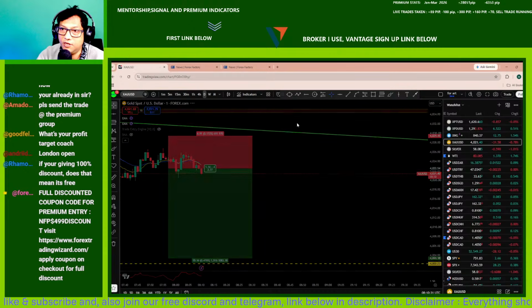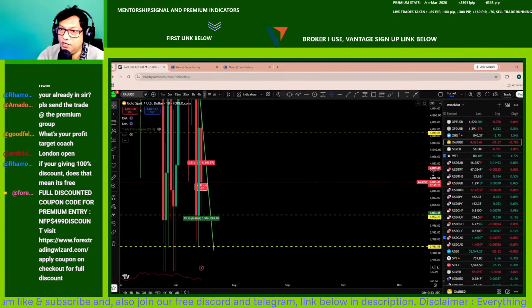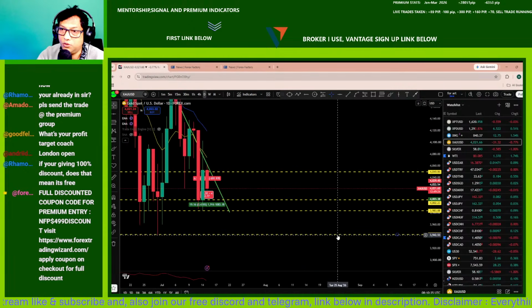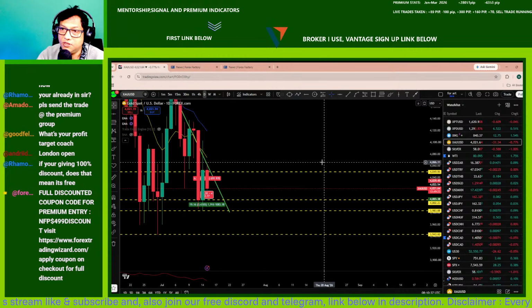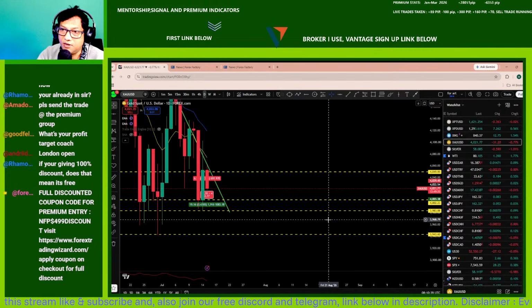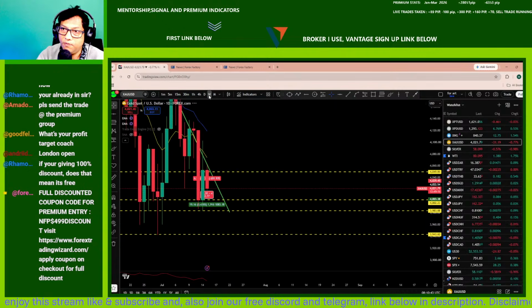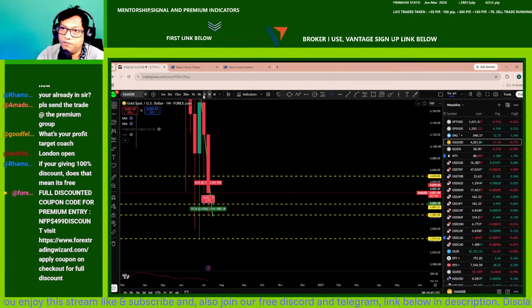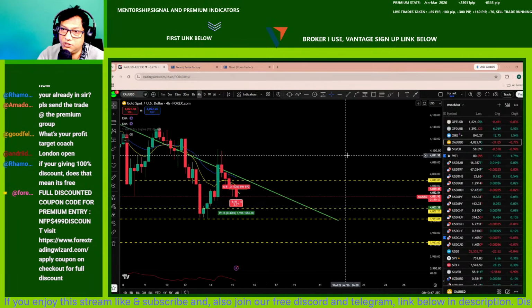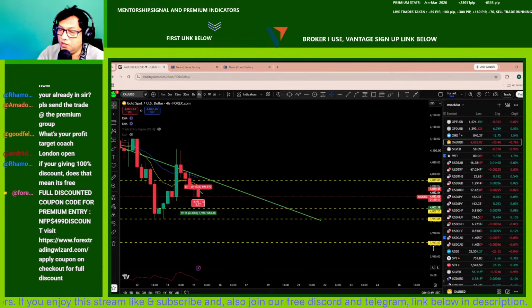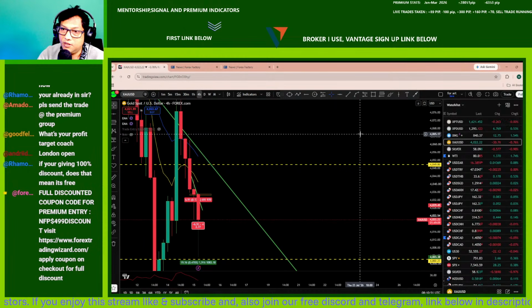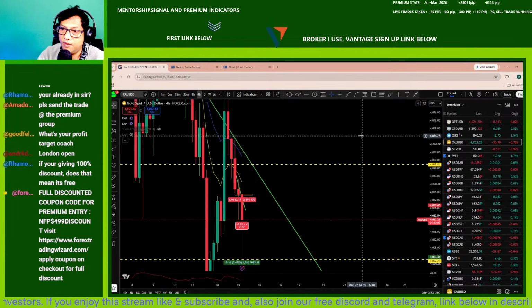If you look at the daily here, you can see the market from the daily has shown bearish bias, and that can cause the market to melt down back below, as there was initially a significant liquidity sweep in this market previously.